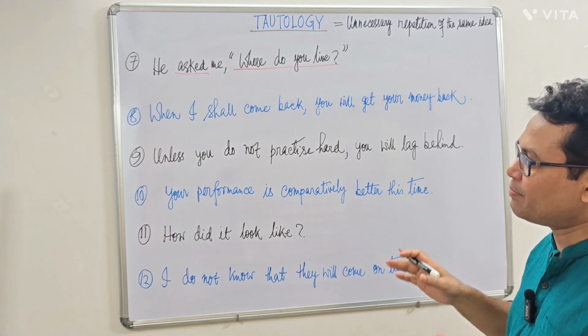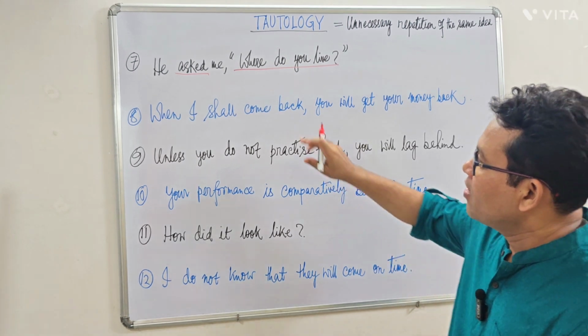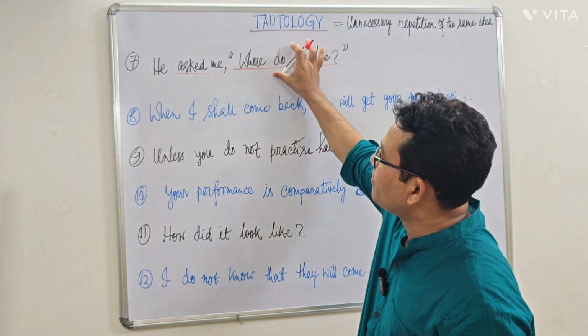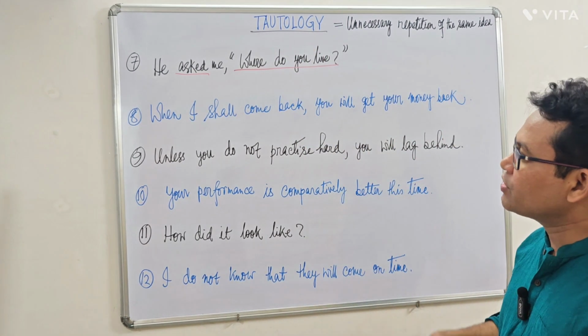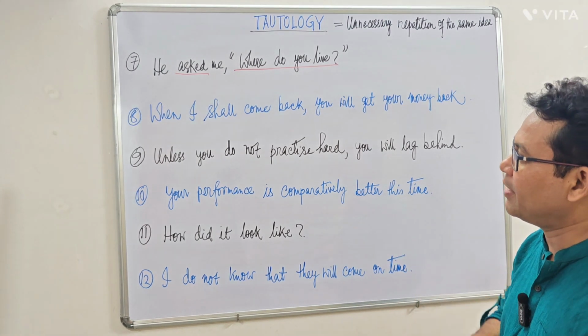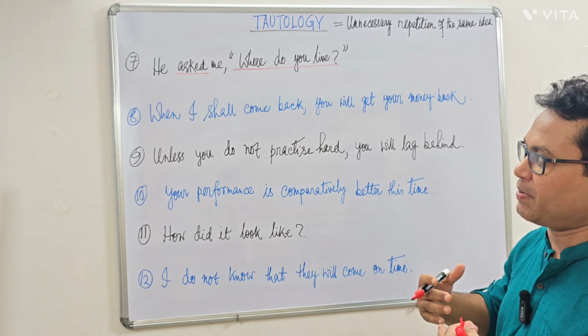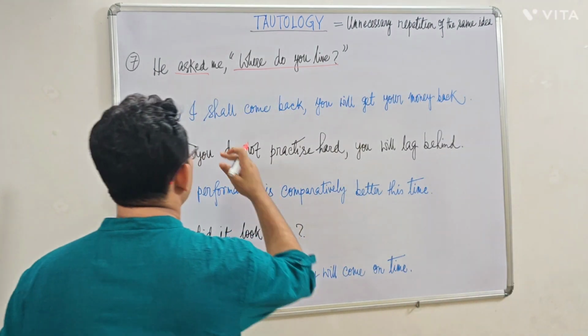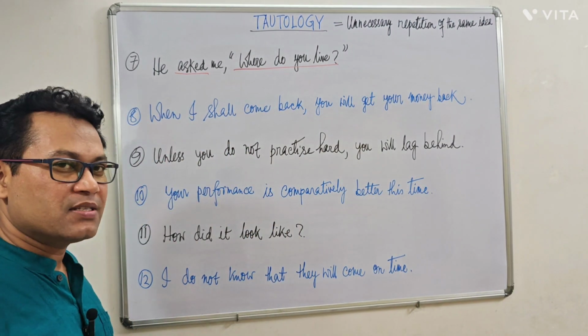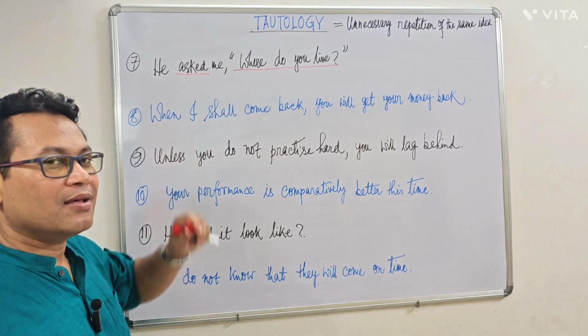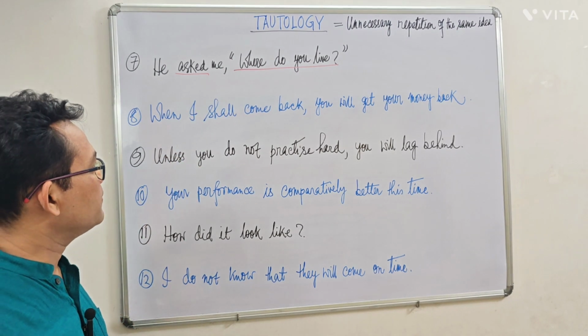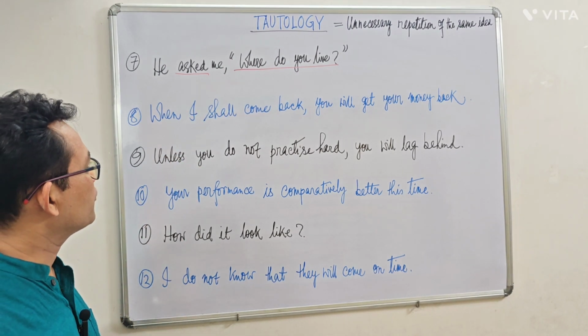Same idea repeated twice. First in the reported speech, because here I am asking something about someone's place of living. And the same idea of asking is being expressed through the reporting verb asked. That means this is again the impact of tautology.